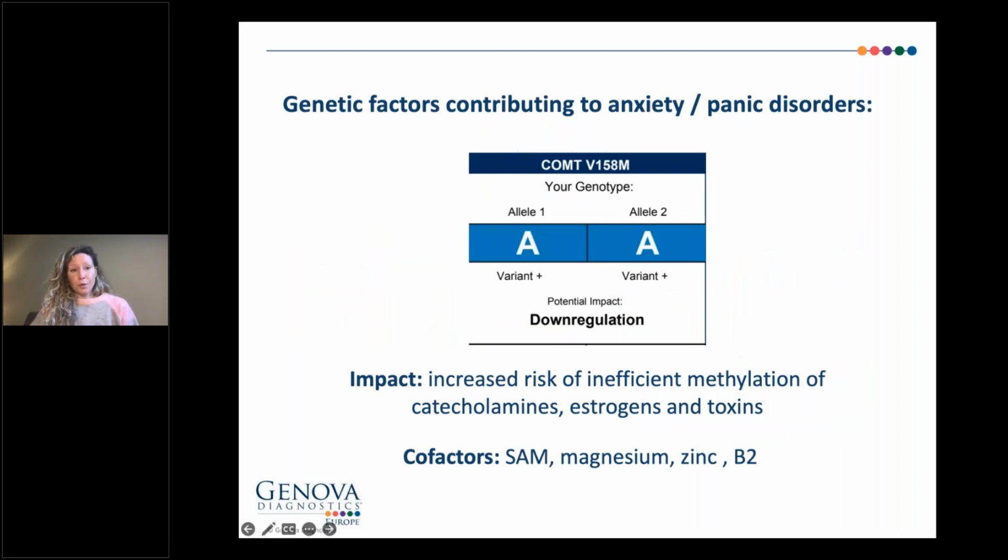Now, as you will recall, this client's chief health concern was her anxiety and panic disorder, which is why having the COMT gene included in the methylation panel is so incredibly useful. So the COMT gene is not displayed in the biomarker layout page.